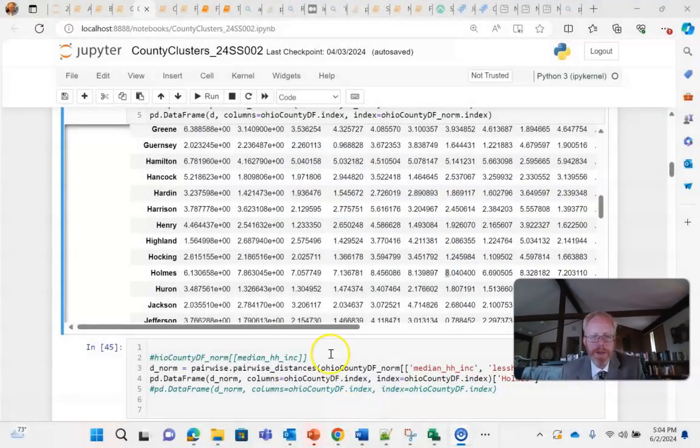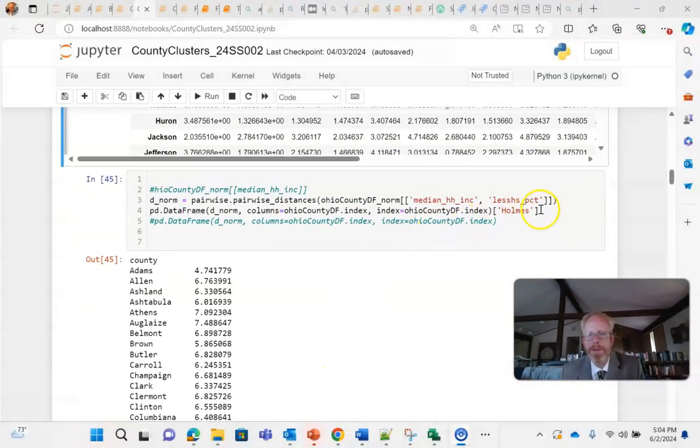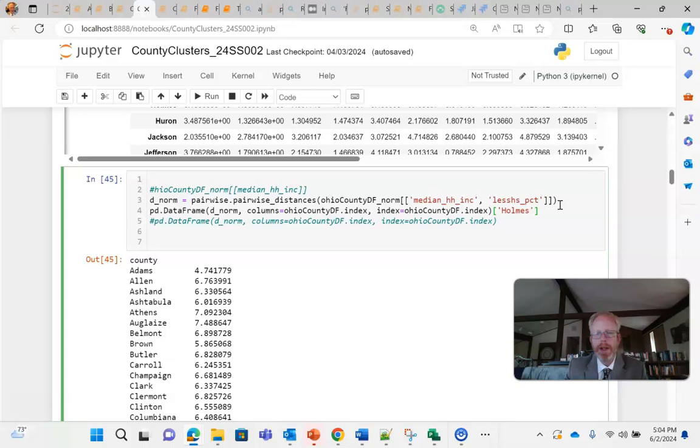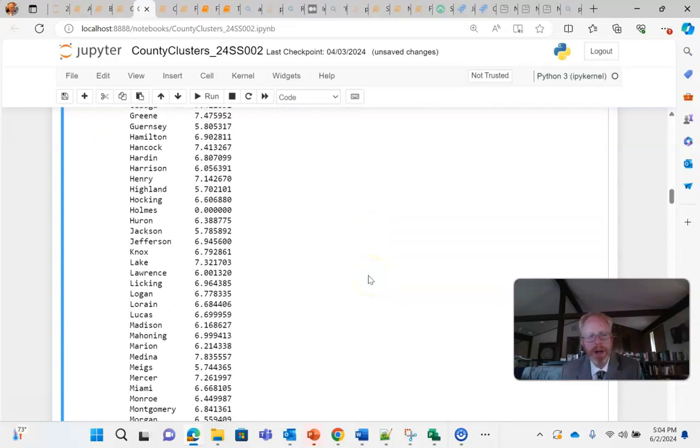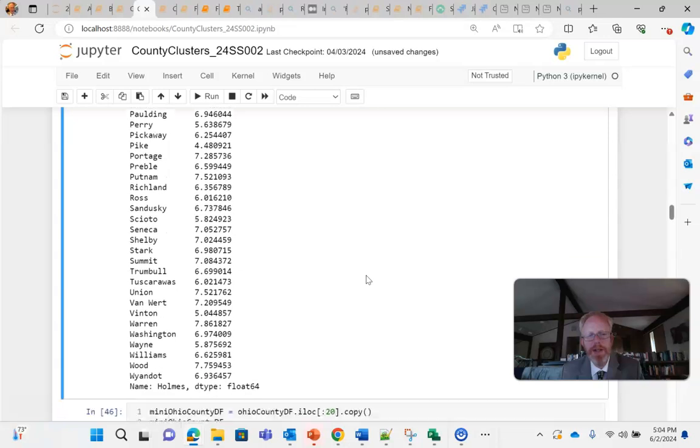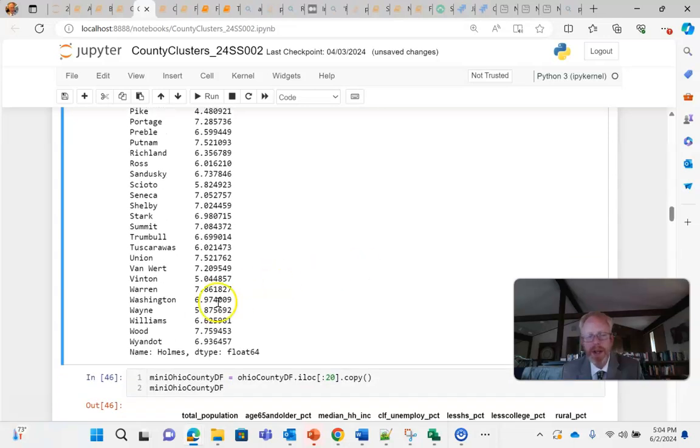And we know that this is what we would call an outlier, and sometimes we're tempted to throw away outliers, but other times we're tempted to look closer at outliers and see if there's a reason why it is an outlier. So what I'm going to do here is look at only median household income and less than high school percent, and take a look at Holmes County compared to all the other counties in Ohio. And we see once again a significant distance compared to our other distance metrics.